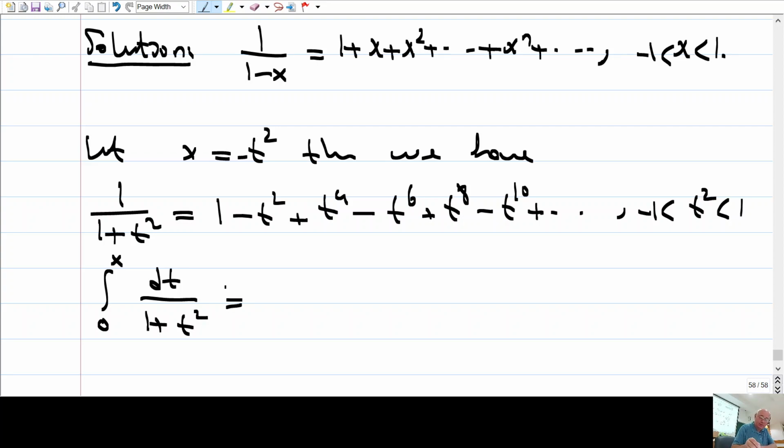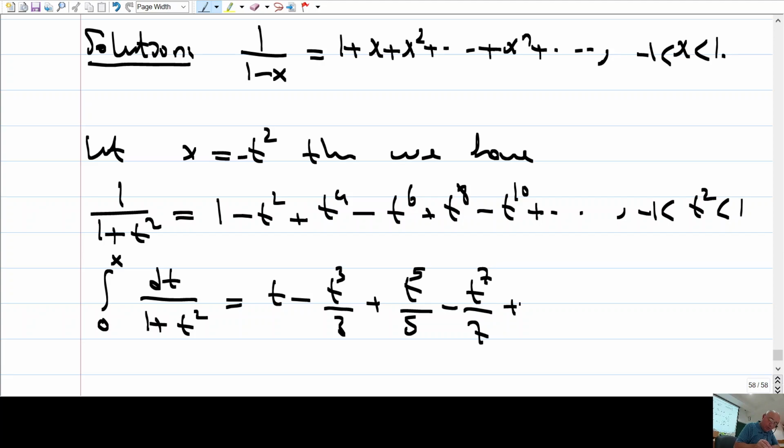And this integral is just what? What is the integral of this expression? It is t, and then t cubed over 3 plus t to the 5 over 5, t to the power 7 over 7, t to the power 9 over 9, t to the power 11 over 11, and so on, right? For t squared between 1 and minus 1, t should also be between 1 and minus 1.